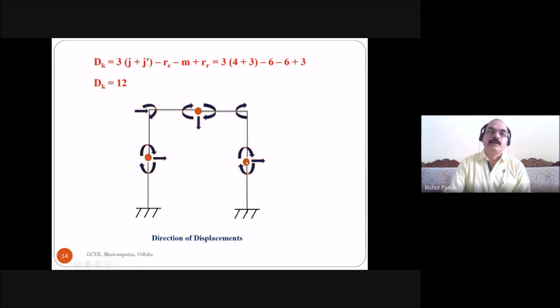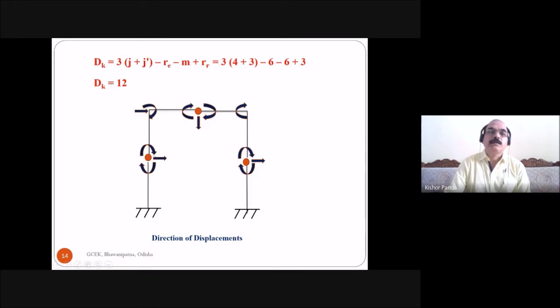Then here this is an internal hinge, this is the member, this member rotates, the rotational displacement here, this member rotates, this is the rotational displacement, and the horizontal displacement of the hinge. Here you have to consider the end of this member is a rotational displacement, the end of this member is a rotational displacement, and the displacement of the internal hinge. So 3 displacements at the internal hinge.